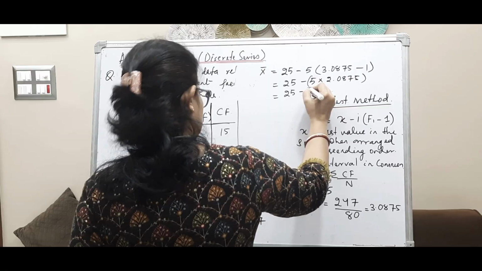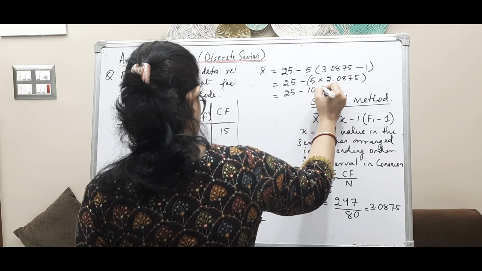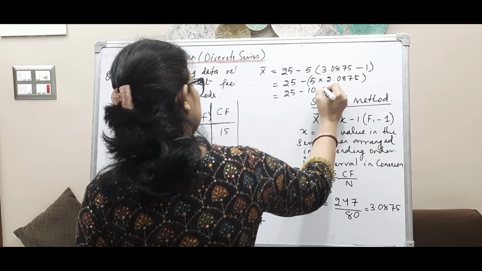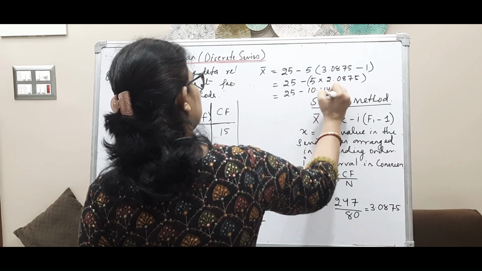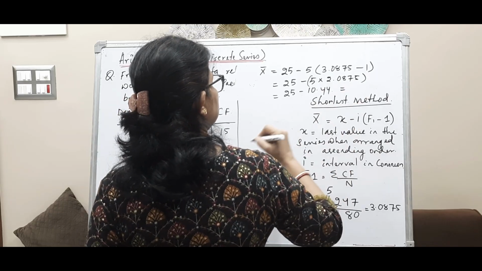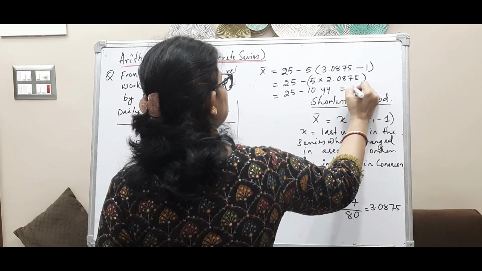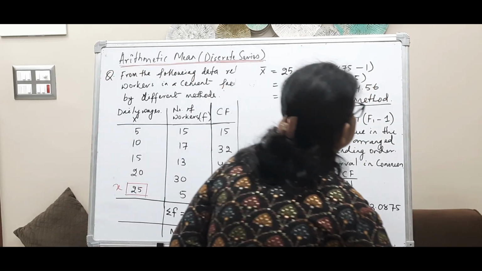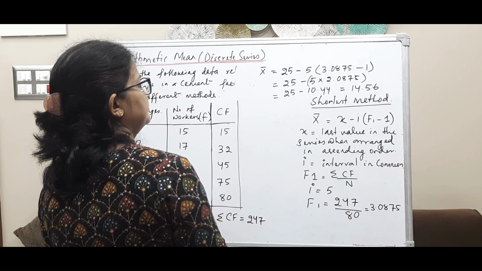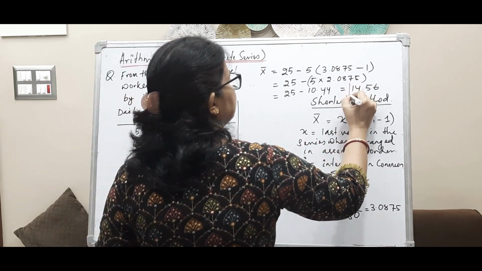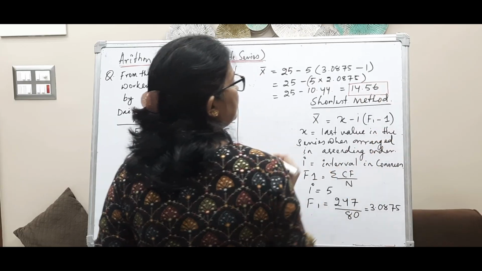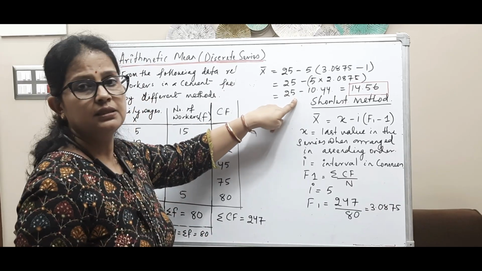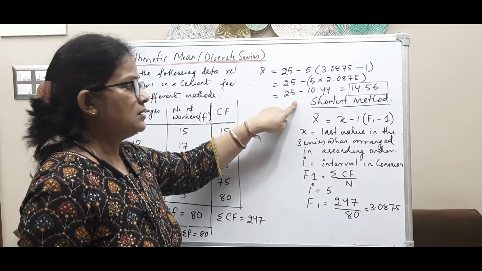If you calculate this one, it is coming 25 minus 10.44, which is equal to 14.56. This is our mean by the shortest method.